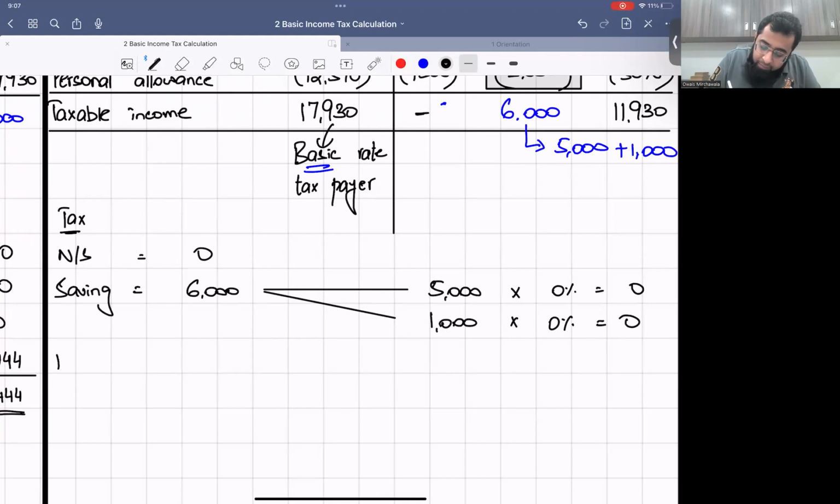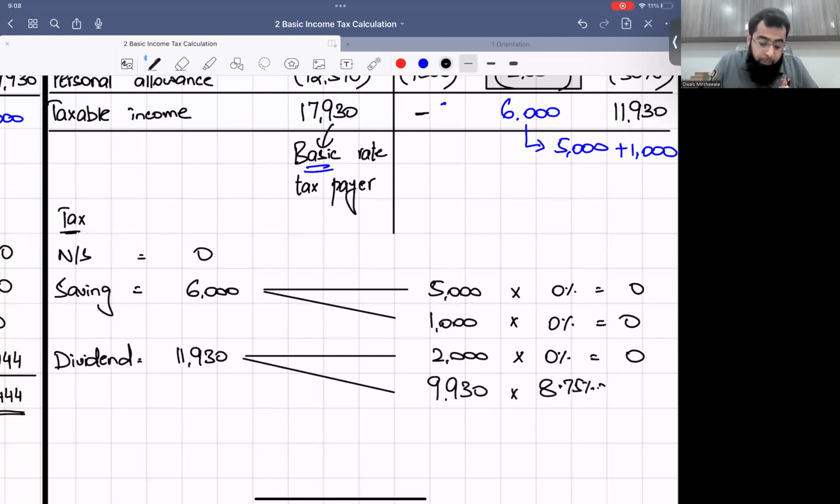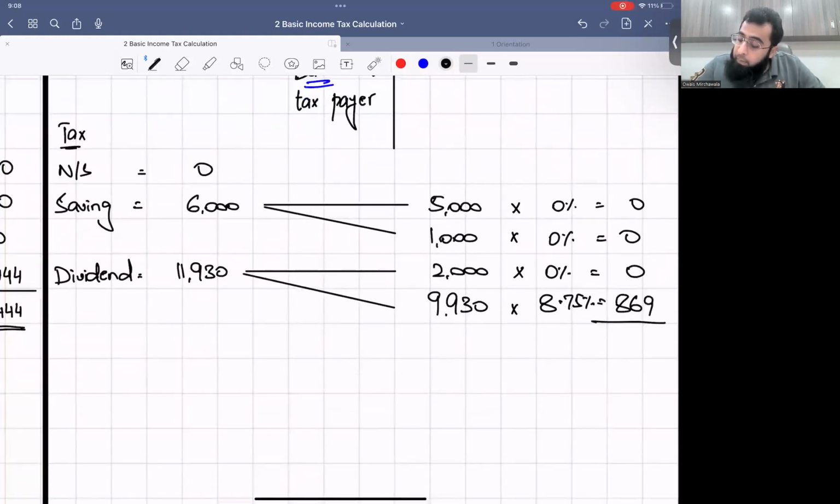Then we have dividend income, 11,930. First 2,000 pounds at 0%, so it's 0. And the remaining 9,930 at 8.75%. So it's 869. So this is our tax.